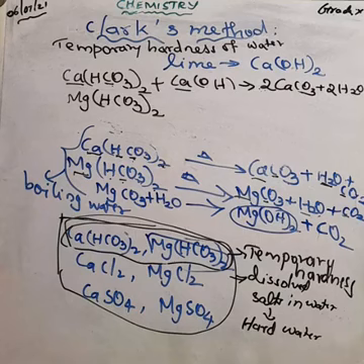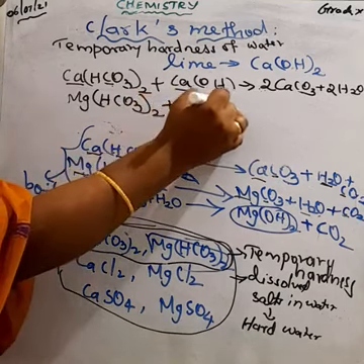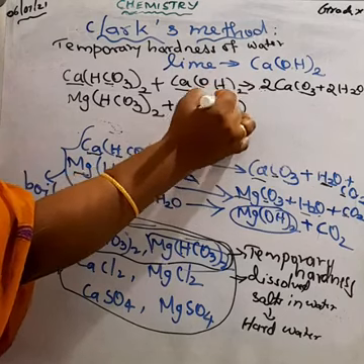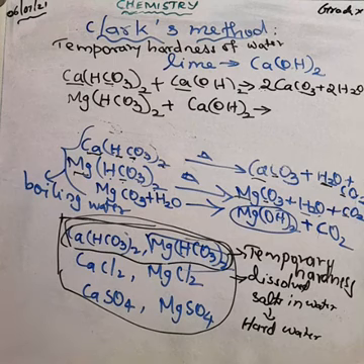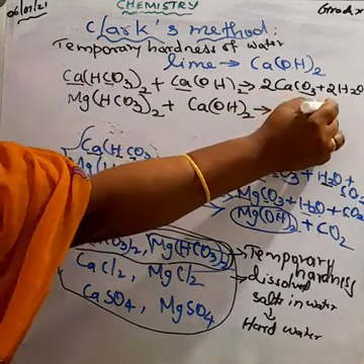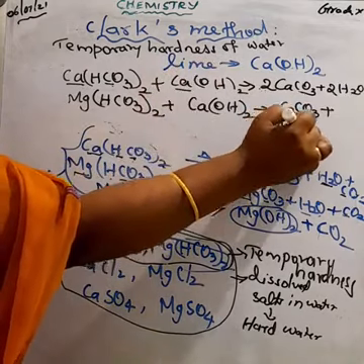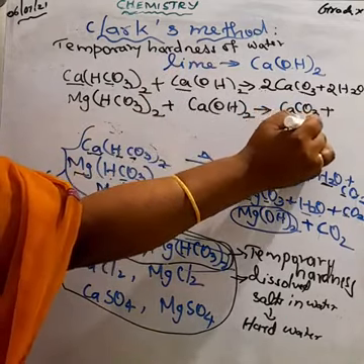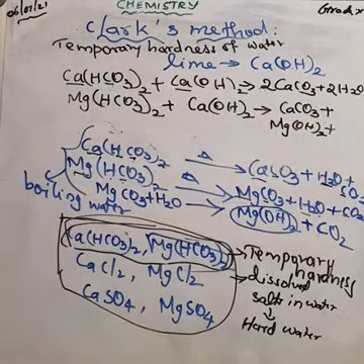When we add calcium hydroxide, that is lime, we can separate the calcium carbonate, CaCO3, and we can precipitate out the magnesium hydroxide from the magnesium bicarbonate.